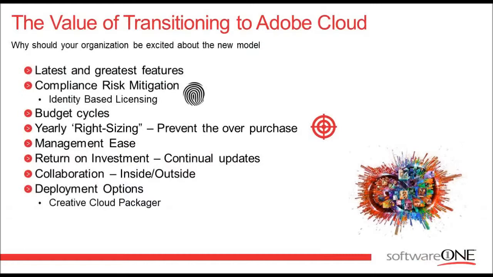Option two is using the Creative Cloud Packager tool, which is an IT-related tool where IT pulls down the executable files. They push out the packages of products that they want their end users to have, and most importantly, IT is in control of the update management. So as Adobe releases new updates and patches, IT is the one who determines when to send out those updates. So I think flexibility is the main point on the deployment options.